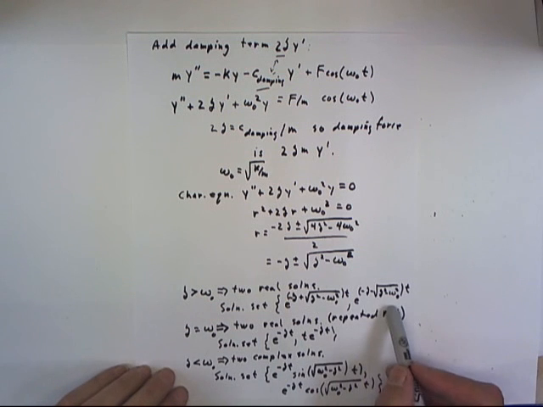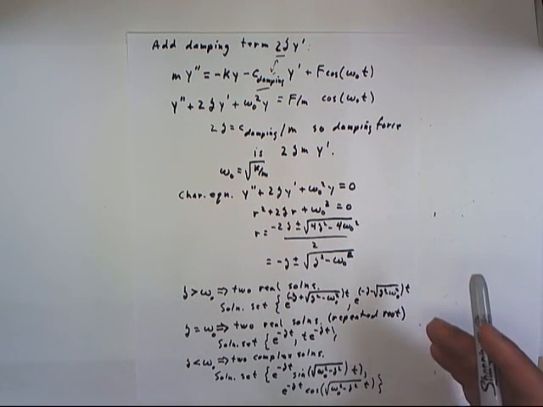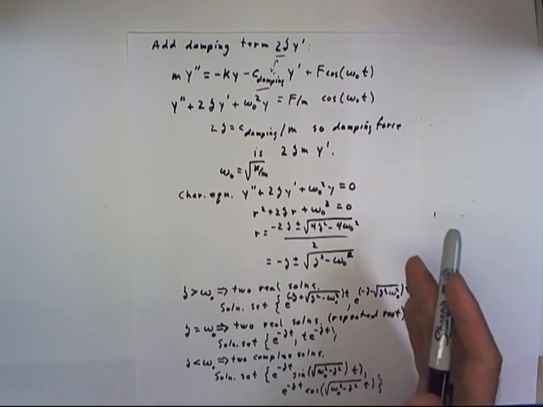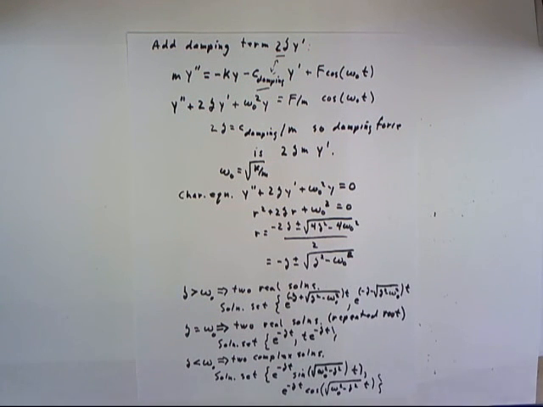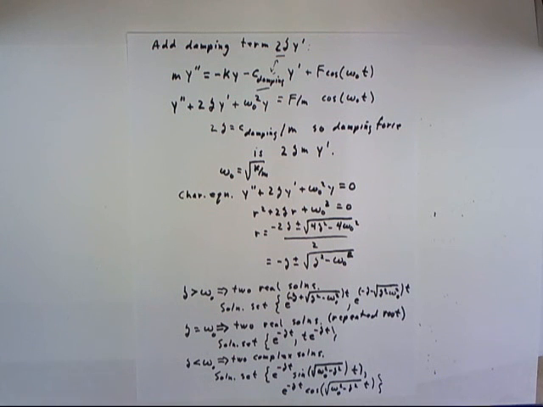And these solutions are kind of dull. They don't oscillate, although they can lead to behavior that crosses the line and then comes back. But we also have the possibility that delta is equal to omega naught, that our drag force is at a certain critical value where it happens to be equal to omega naught.